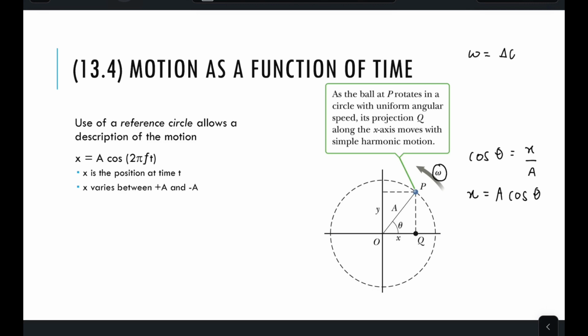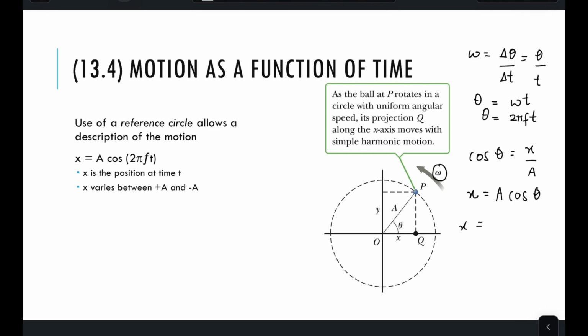omega is defined as delta theta over delta t, or simply theta over time. So from here, to have theta, we may rearrange it. And we also know that omega is 2 pi f, times t. So this is actually theta.